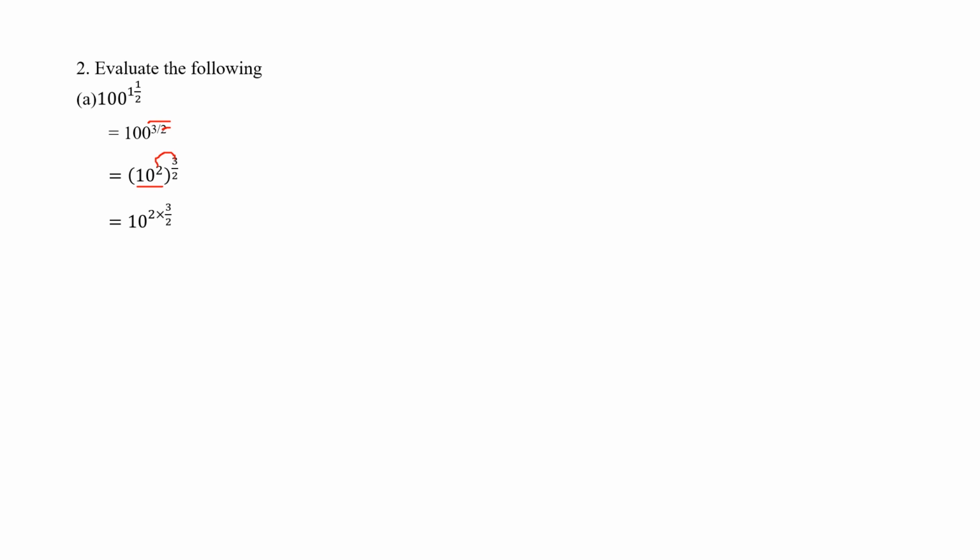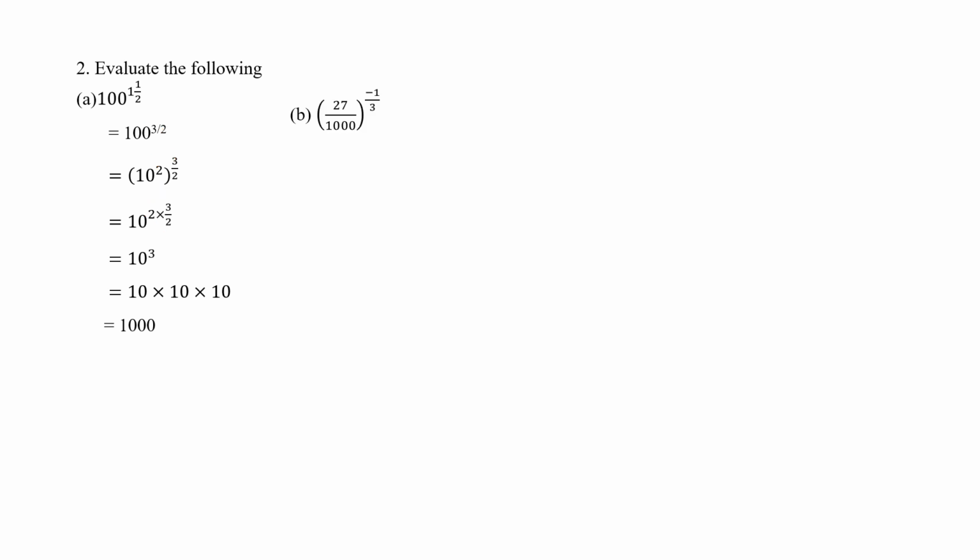So that we have the 2 times the 3 all over 2 right there. Now when you simplify this, we shall be having a 10 power 3. So the 10 power 3 is the same as multiplying 10 3 times, and the answer gives us 1000. As simple as that.